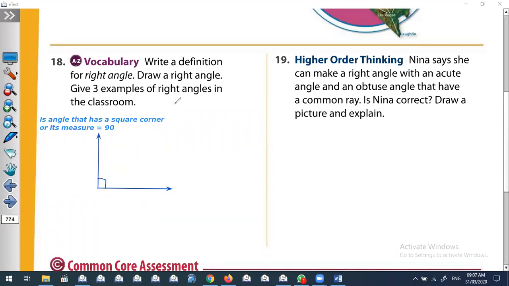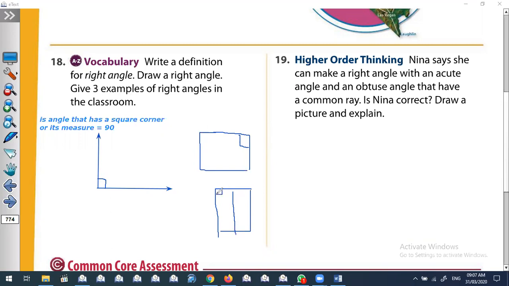Let's draw the right angle like that. This is the first ray and this is the second ray, and you should draw the square corner. Give three examples of right angles in your classroom. Like the edge of the board, the whiteboard. This edge is a right angle. Like the edge of the window.